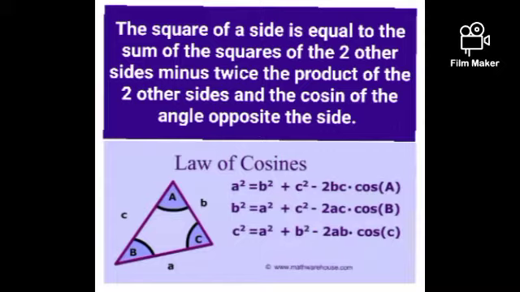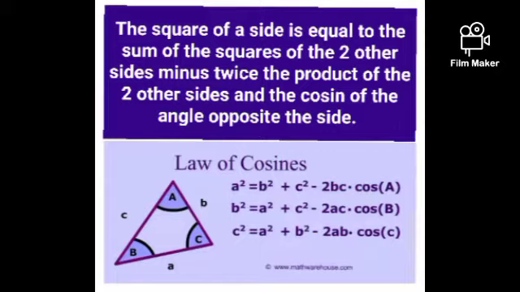If you are considering side small b, the side opposite angle capital B, the two other sides will be small a and small c, and the angle opposite side small b is angle B. So by the law of cosines, b squared is equal to a squared plus c squared minus 2ac multiplied by cosine of angle B. If we consider the side small c opposite the angle capital C, the two other sides are small a and small b.